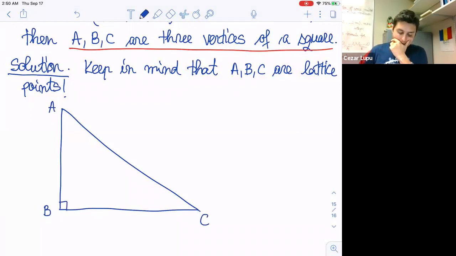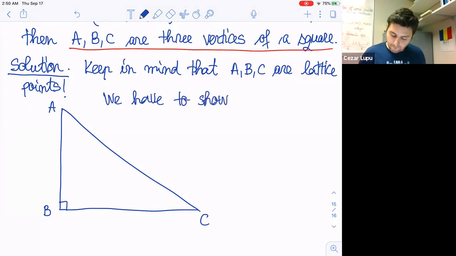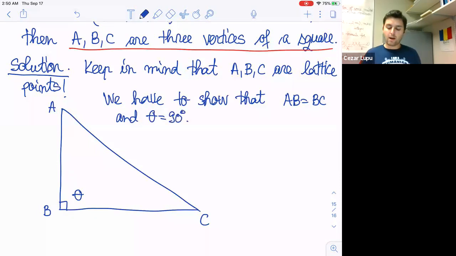Right, and we have to show that AB is equal to BC, and this angle, let's call it theta, is 90 degrees.